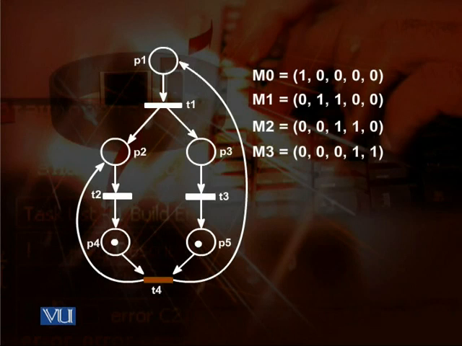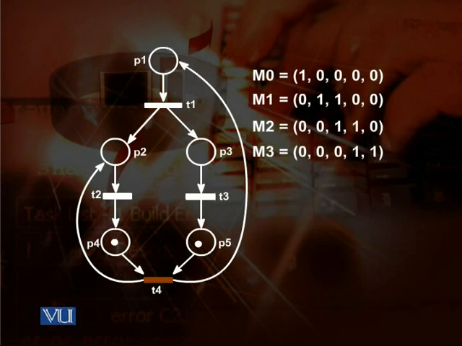Now we have tokens in places P4 and P5, and hence the transition T4 is enabled. This transition T4 will be fired because this is the only transition that is enabled. It will take both these tokens from P4 and P5 and deposit one token in P1 and one token in P2 respectively.